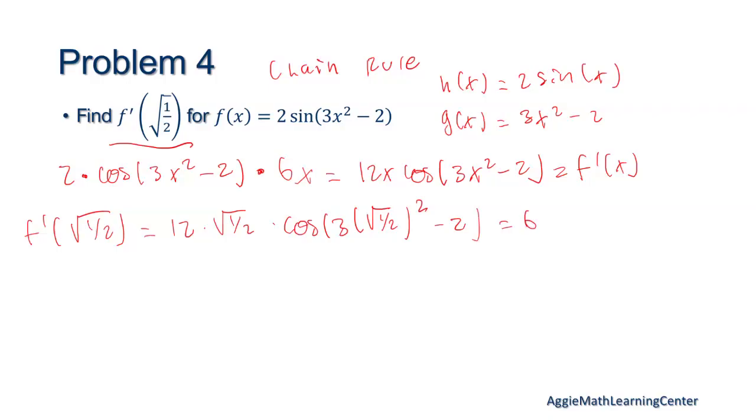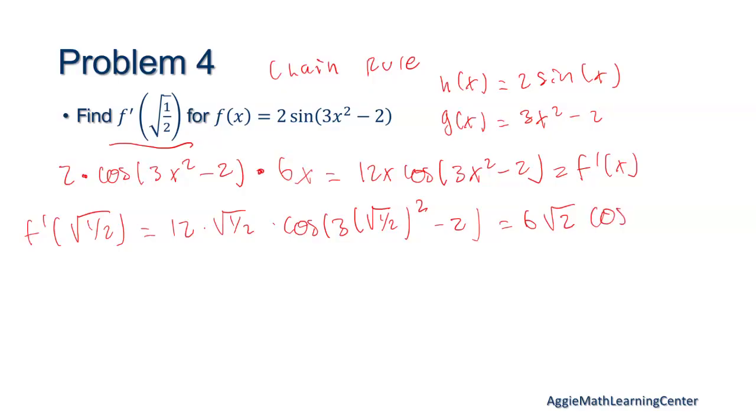I don't rationalize mine, I'm gonna be honest. But yeah, because you'd have a 2 on the bottom, and then I know it has 6 in the answer. All right, 6 root 2.